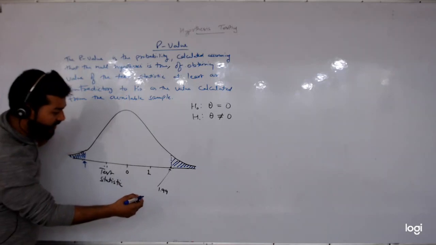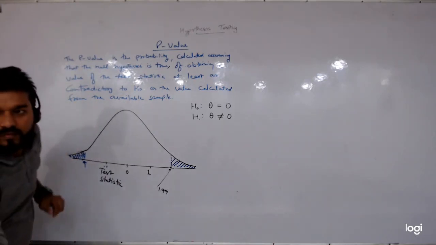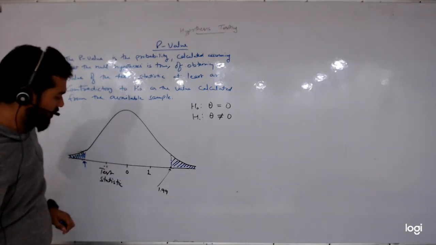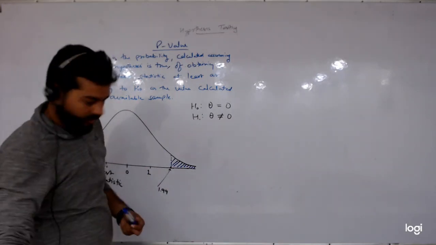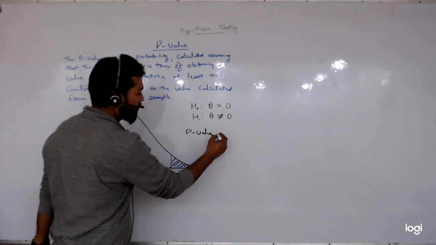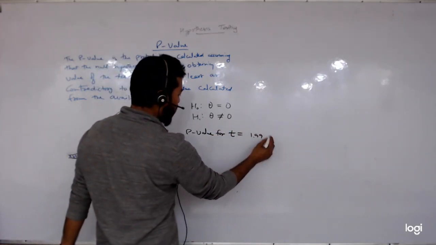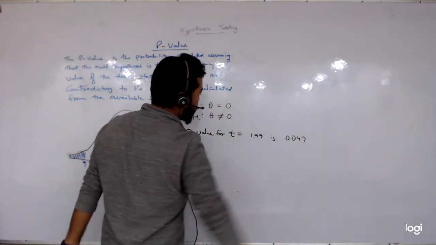This probability can be obtained from the standard normal tables, and it tells you the p-value for t equal to 1.99 is 0.047.